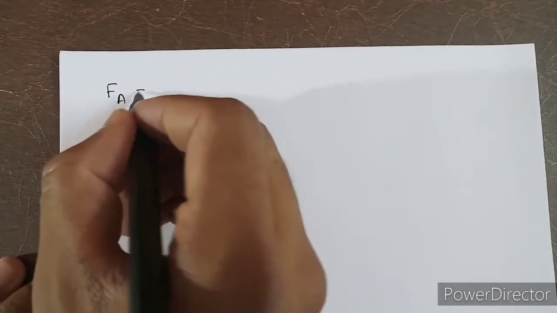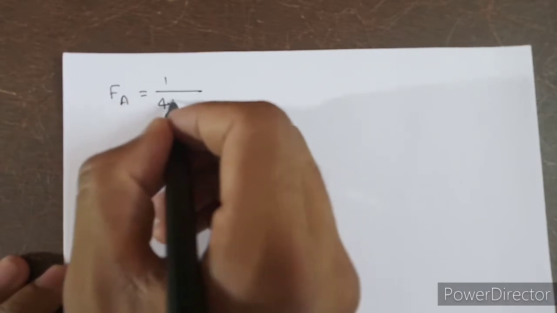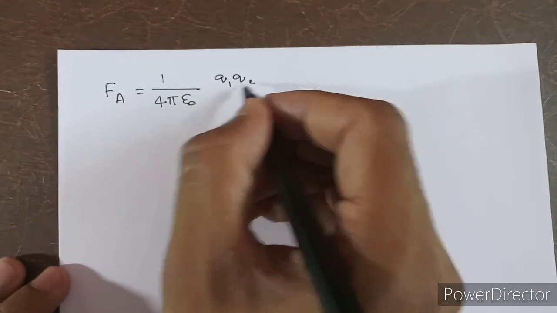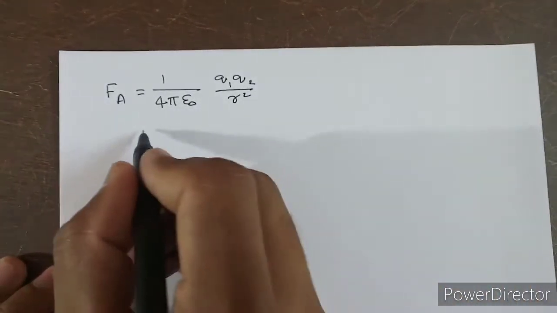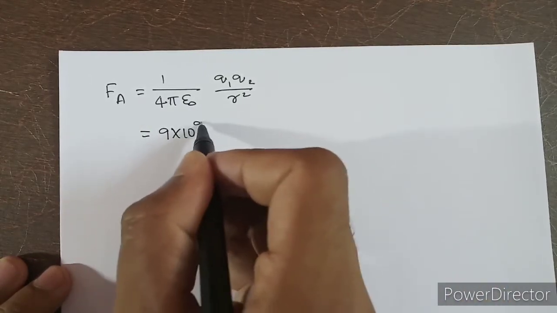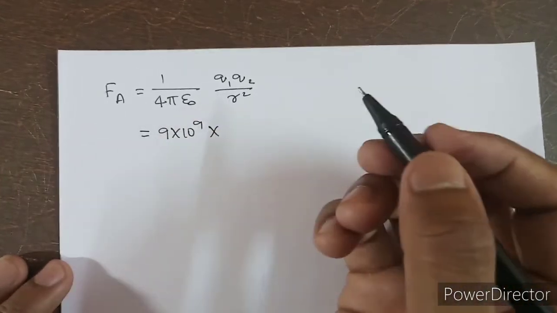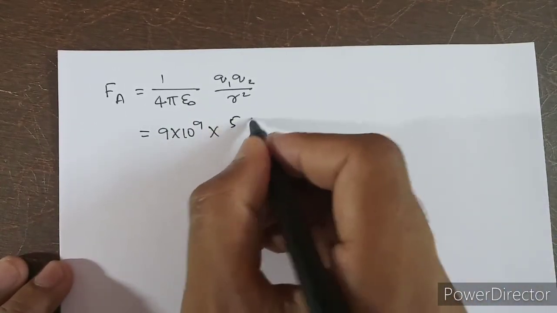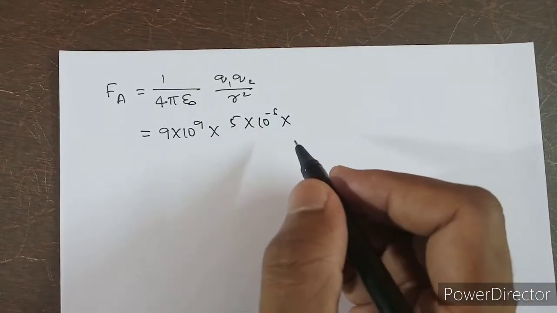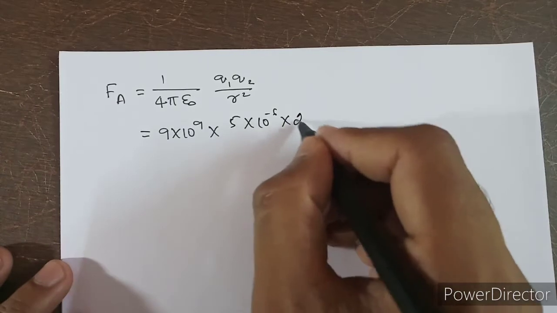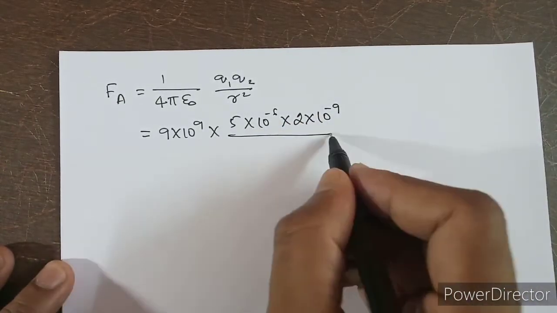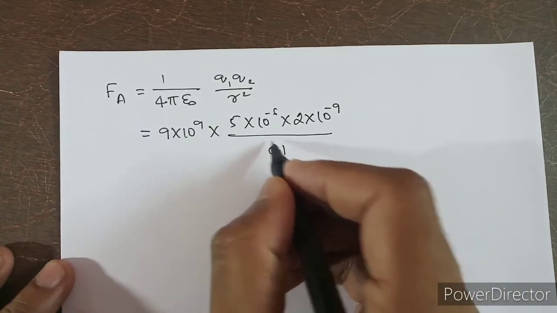Fa is equal to 1 over 4 pi epsilon naught, Q1 Q2 by R square. So that is equal to 9 into 10 to the power 9, into Q1, which is 5 microcoulomb, 10 to the power minus 6, into the 2 nanocoulomb charge placed at the center, meaning 2 into 10 to the power minus 9. You should have the data properly. Divided by R, which is 0.1 whole square.